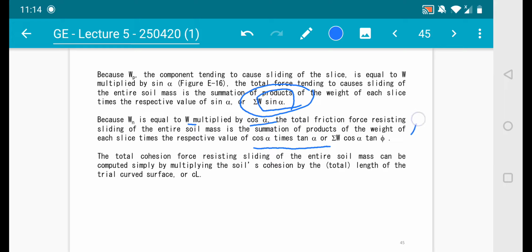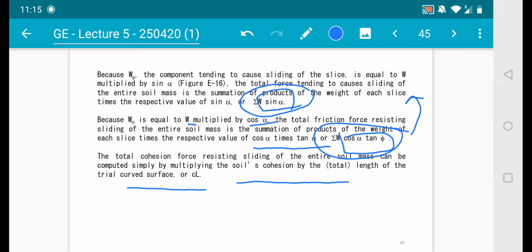The same concept applies: for each slice you have W multiplied with cos alpha multiplied with tangent of internal friction, and you sum all of these over the slices, slice 1, slice 2 and 3 and so on. So it's a summation. Lastly, the total cohesion force resisting sliding of the entire soil mass can be computed simply by multiplying the soil's cohesion by the total length of the trial curve, C multiplied by L.